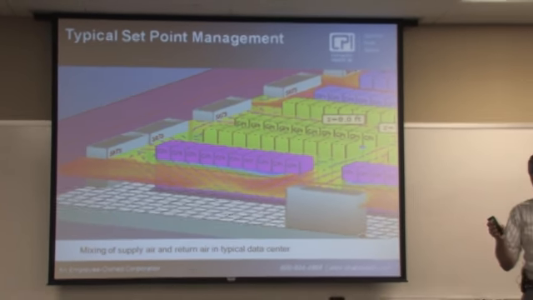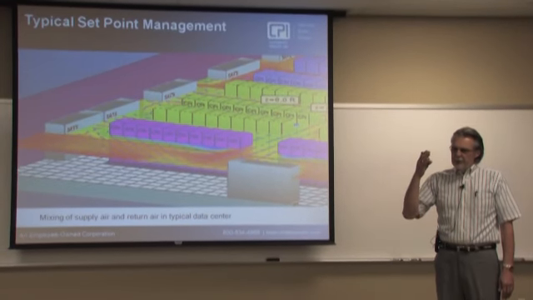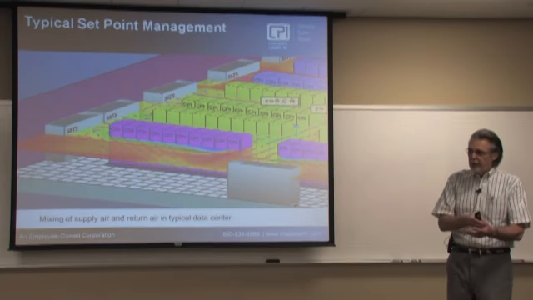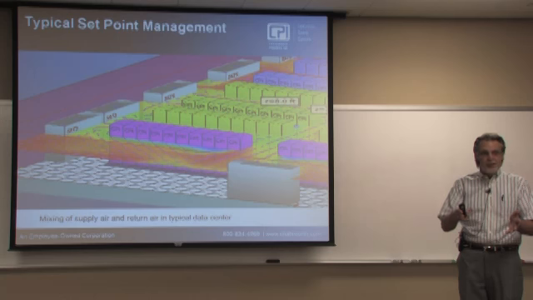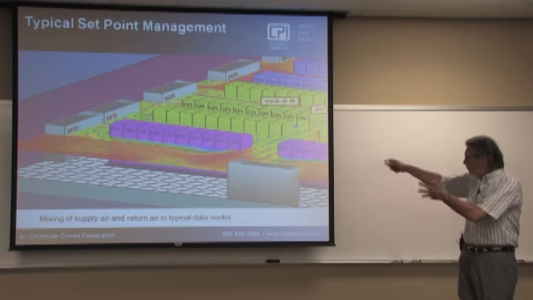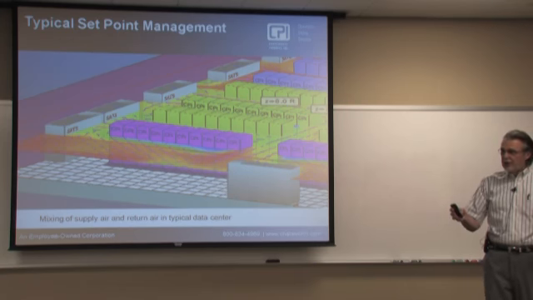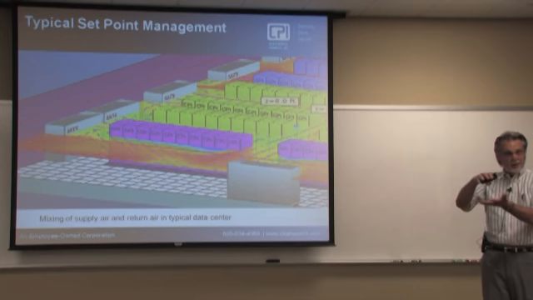Most folks have determined that if we have that set point at 72 and we're delivering air under the floor in the mid-50s, by the time all this mixing and recirculation gets done, the servers are going to get air somewhere between 64 and 80 degrees.